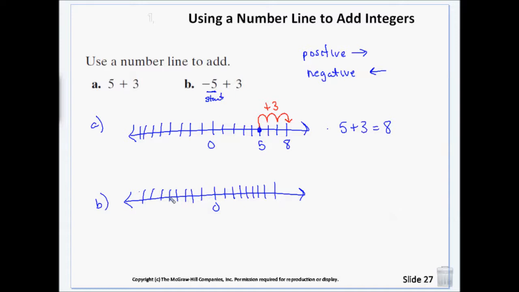So 1, 2, 3, 4, 5. And again, I'm adding 3. So I go 1, 2, 3. And that lands me at negative 2. So negative 5 plus 3 is equal to negative 2.